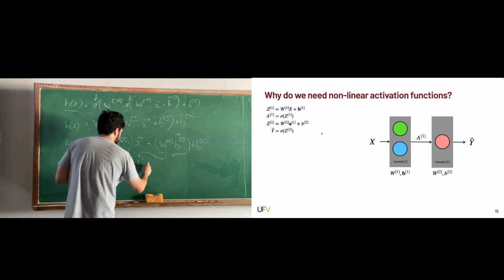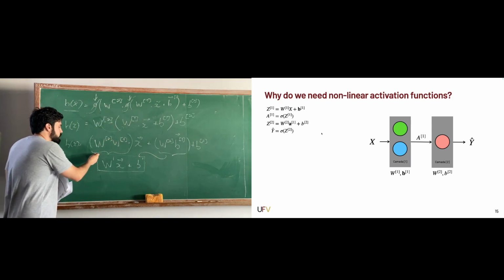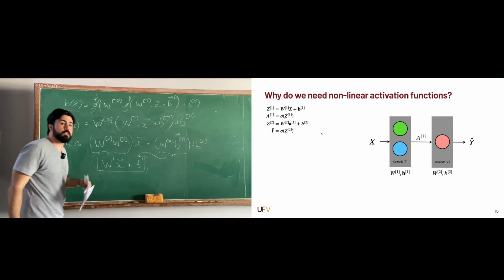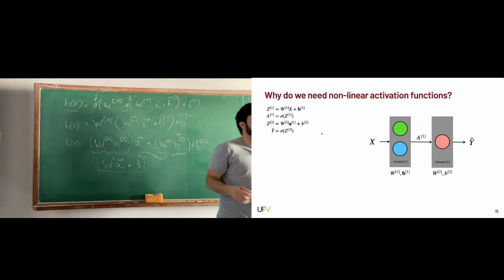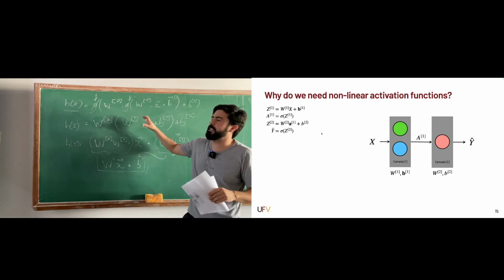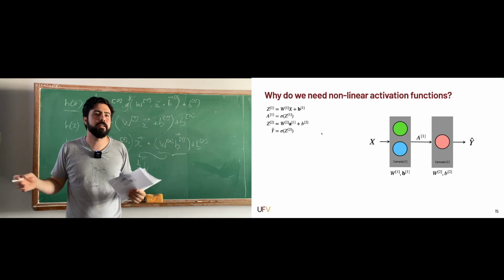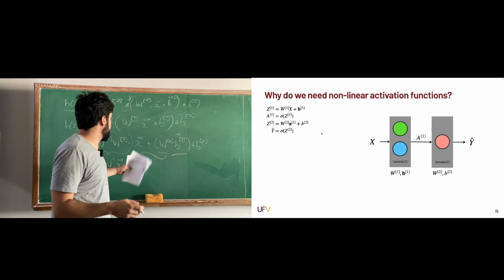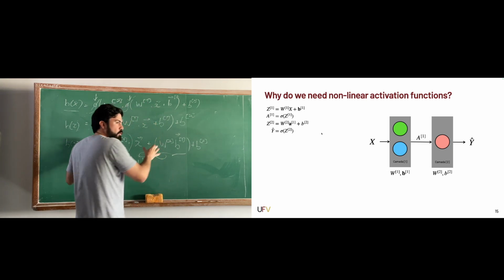Essentially what happens is, if they are linear, your entire neural network will be a linear model. So it doesn't matter. You're not going to learn any more complicated decision boundary than a linear function. We're just going to use more weights for that.